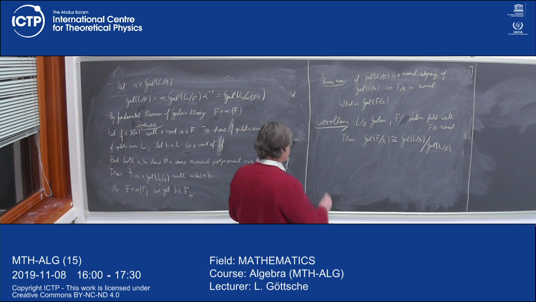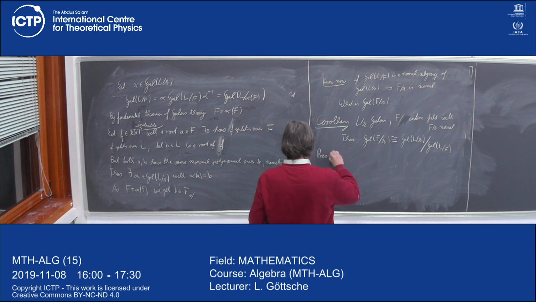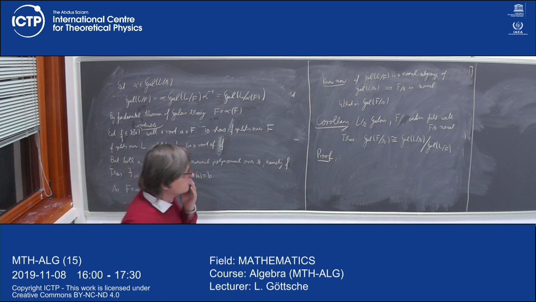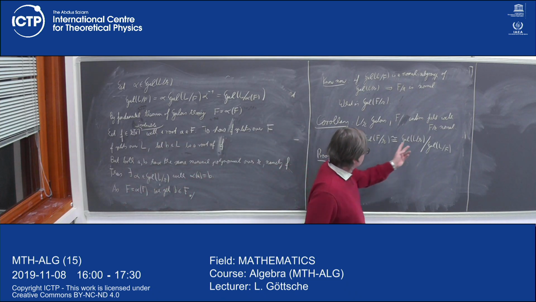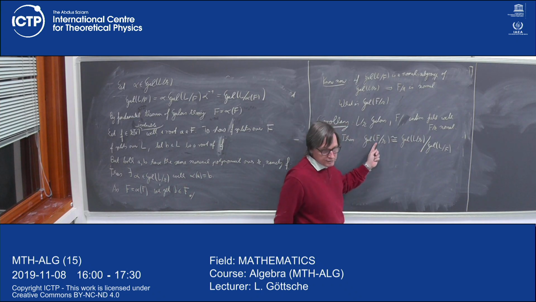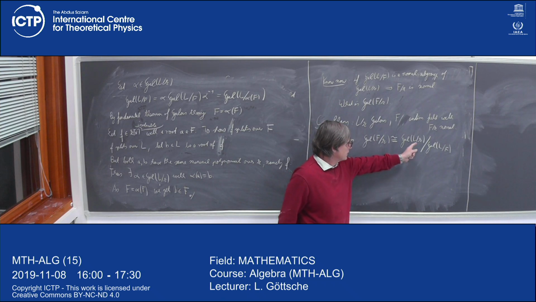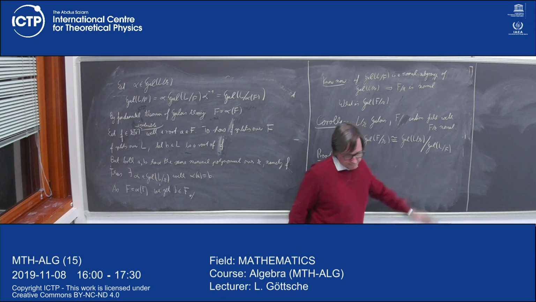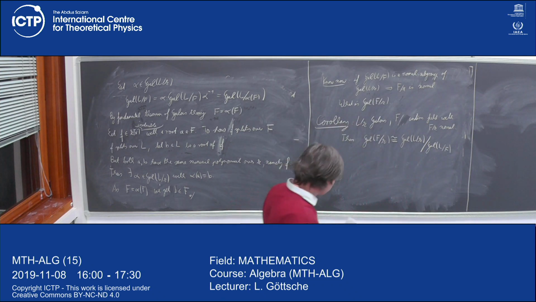Okay, and so that's actually quite simple, because if we have an element in the Galois group of L over K, we know that it sends F to F, so it gives us an element in the Galois group of F over K. And so we have a natural map from the Galois group of L over K to the Galois group of F over K, and the claim is that it's surjective and the kernel is this. Okay, let's do it.